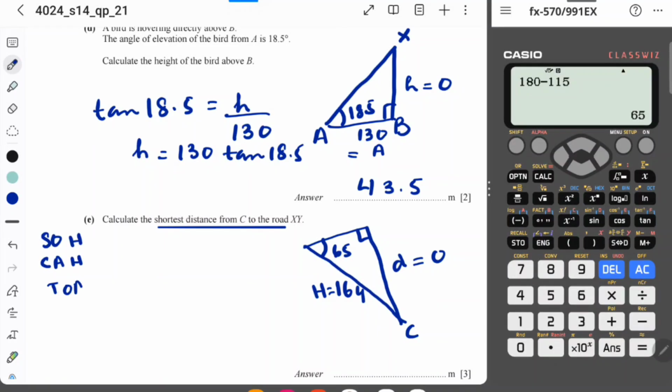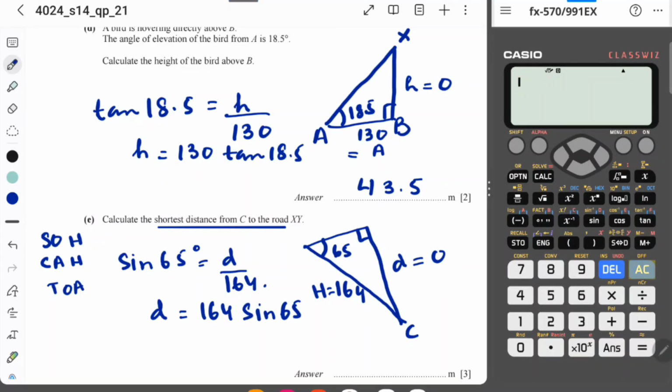So sine of 65 degrees is equal to the shortest distance upon 164. So the shortest distance equals 164 times sine of 65, and that is equal to 148.63. So that is 148.6.